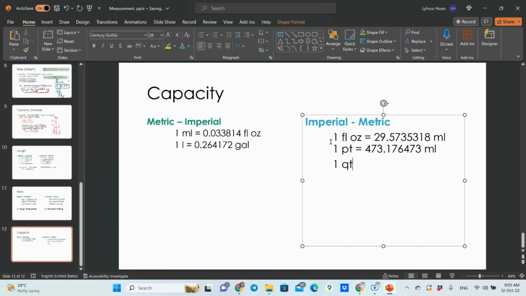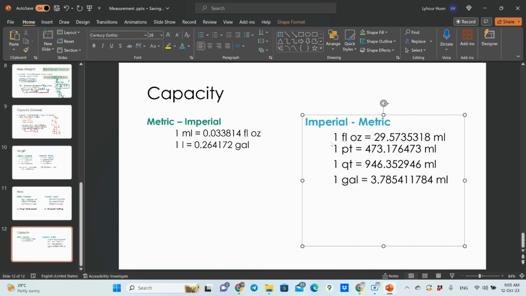And 1 quart is equal to 946.352946 mLs, and the last one, 1 gallon is equal to 3.785411784 liters.